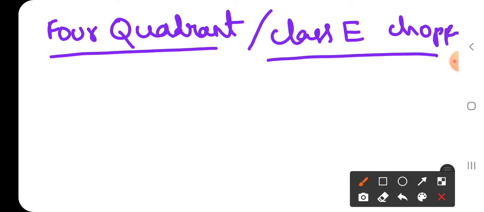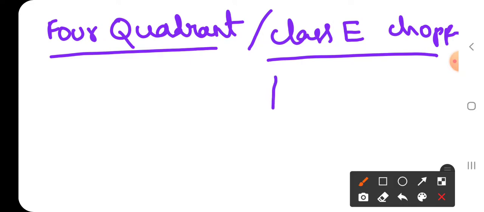Class E chopper fed DC motor drive. This is the last topic, and along with this, we have one more topic, that is closed loop control. We will see that also today. But this topic, I want to give you as homework.